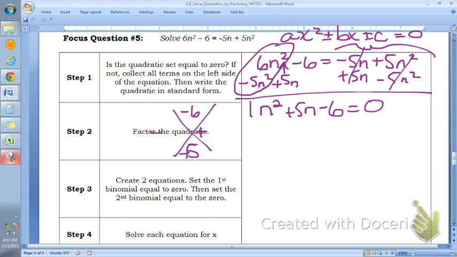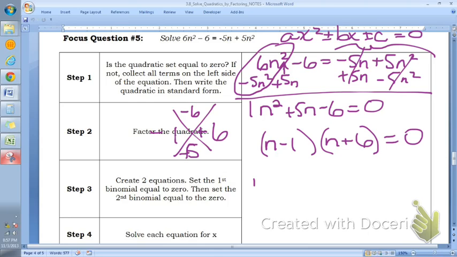and the two factors would be 1 and 6. Because 1 times 6 is 6, but 6 minus 1 is positive 5. So the factored form of this would be n, that's our variable, minus 1 times n plus 6.